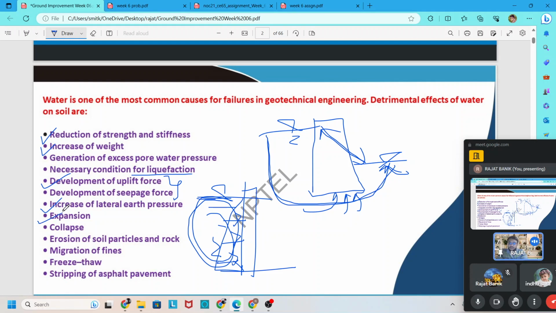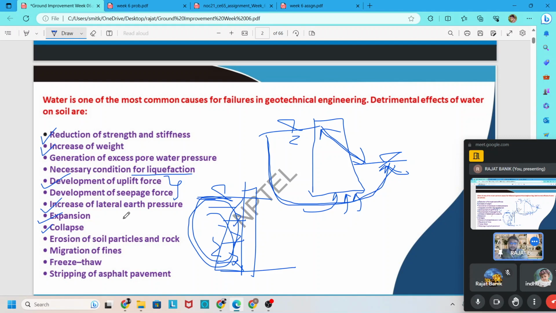And also due to this water, expansion and collapse may happen. Expansion means there is some soil which is very sensitive to water, like bentonite clay or many other clays. In this case, clay and silt are very sensitive to water.